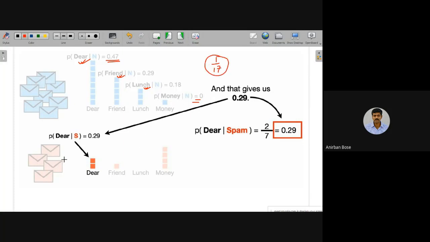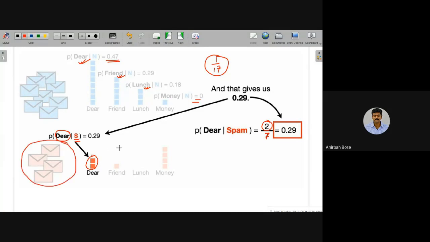Similarly, for the spam, you can do the same. That means for the spam, in exactly a similar way, you can count how many times dear is coming in the spam. So the probability of dear, given that it is spam, you can calculate this way, because the word dear comes 2 times, divided by 7, because a total of 7 words are there considering all the spam.